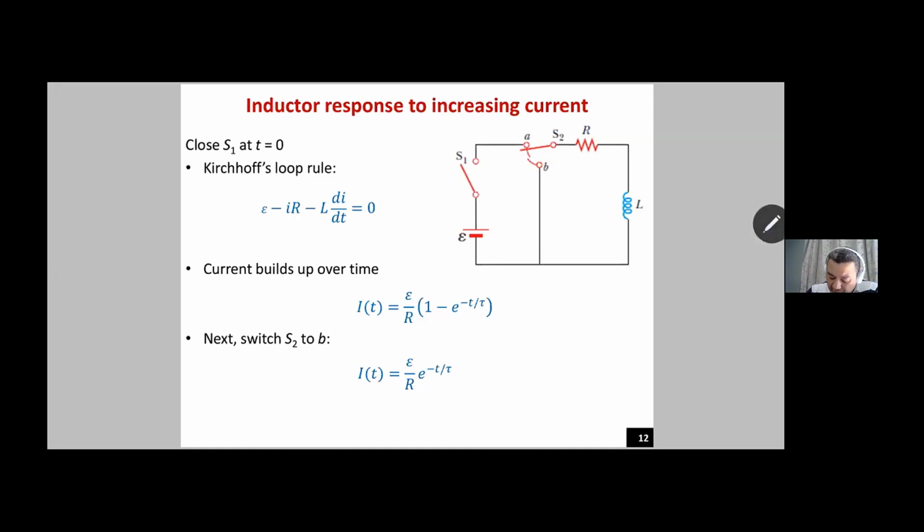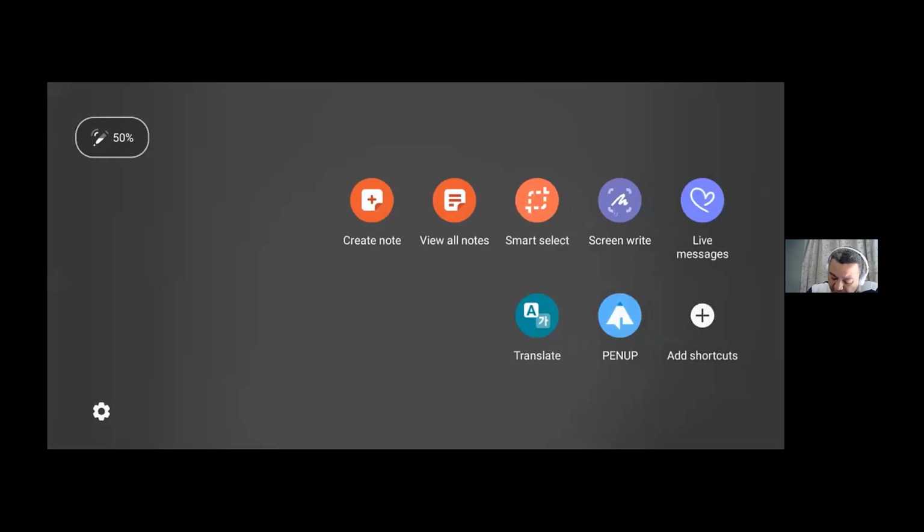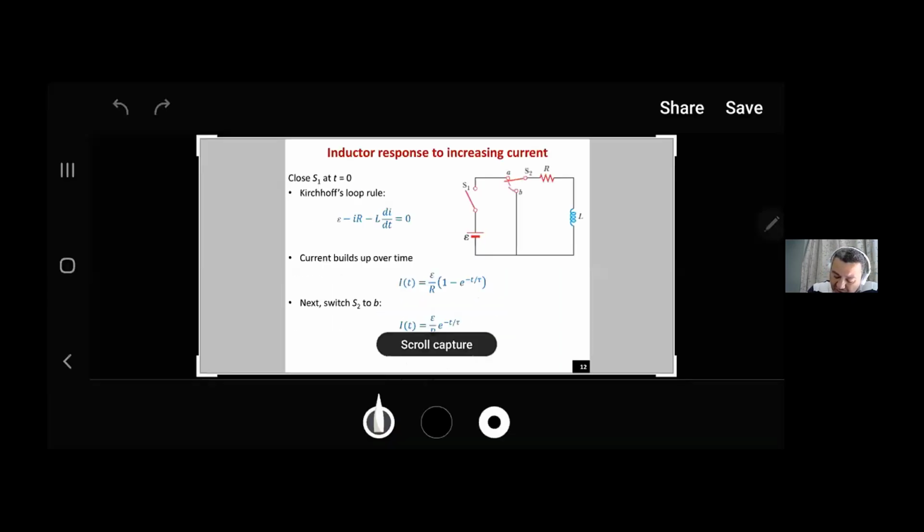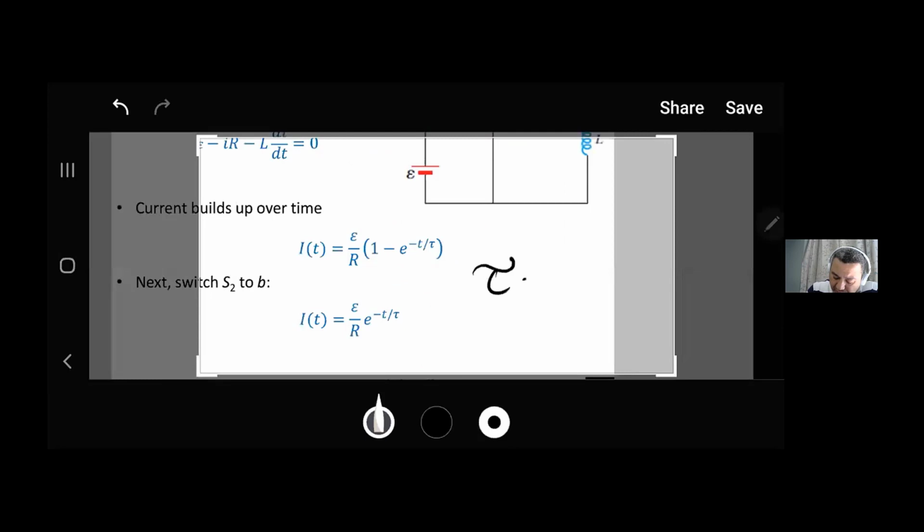Tau in this case for the inductor will be L divided by R. If you recall, tau for the capacitor was RC, tau for the inductor is L divided by R.